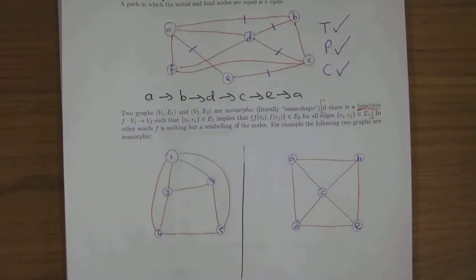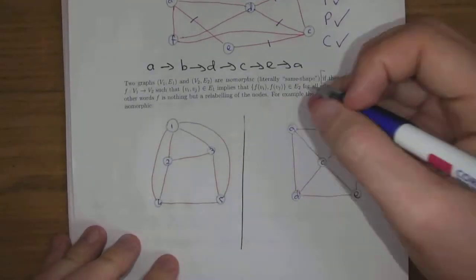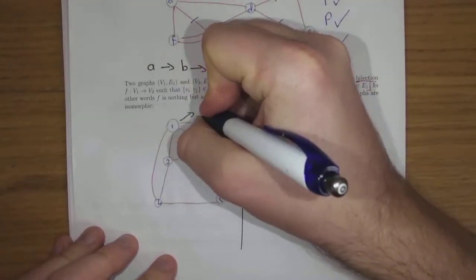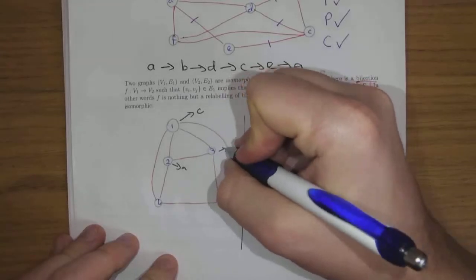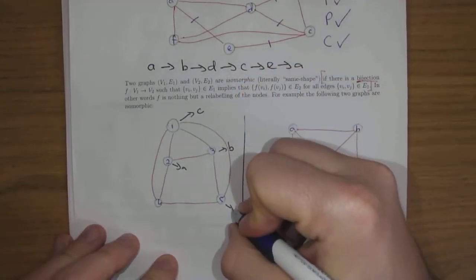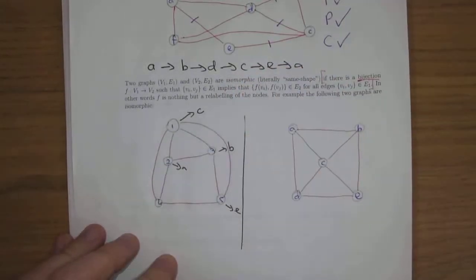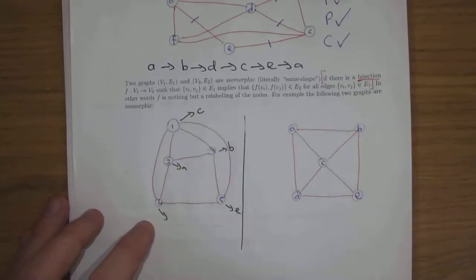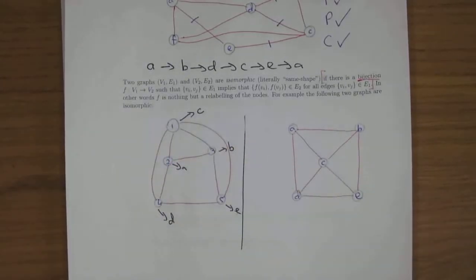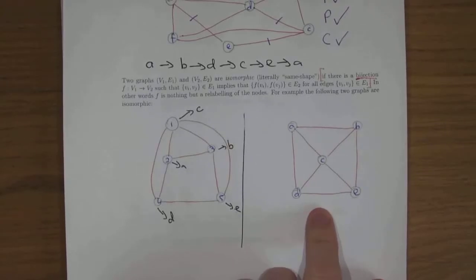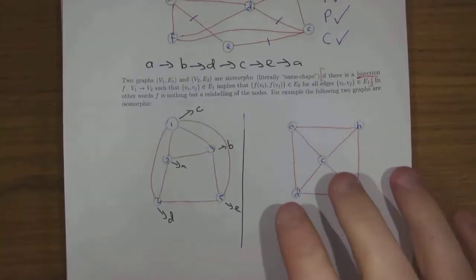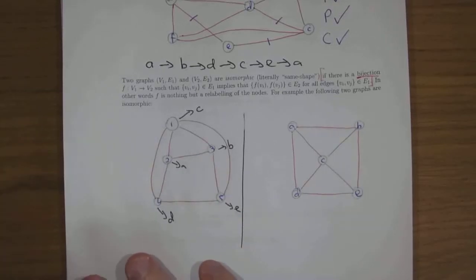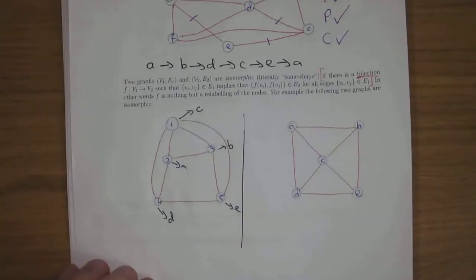So the pairing would be if you relabel 1 to C, and then 2 to A, 3 to B, 5 to E, and 4 to D. And there's a few other ways of doing it. The fact that there's multiple ways captures the symmetry this time. You might say, no, they're still different, but actually if you write down the nodes and the edges, you'll see they're exactly the same, just apart from relabeling.